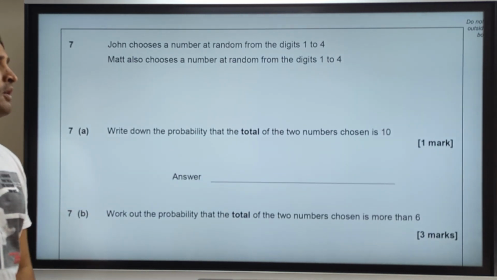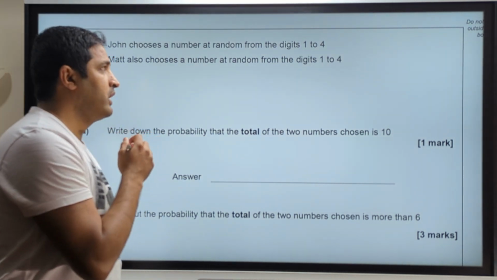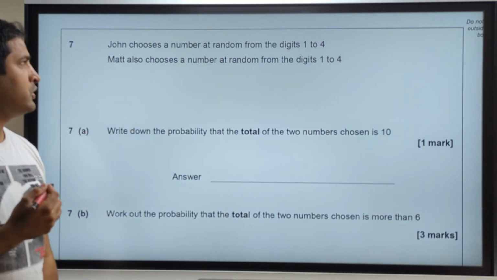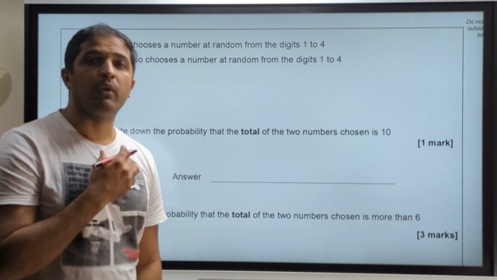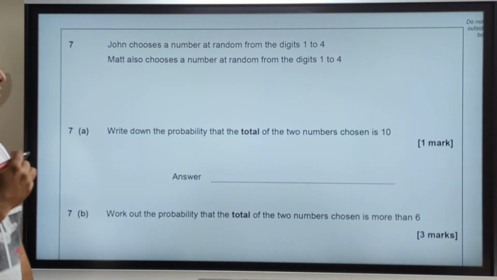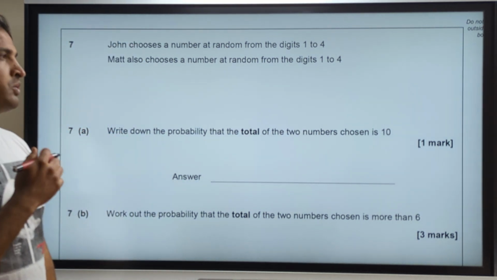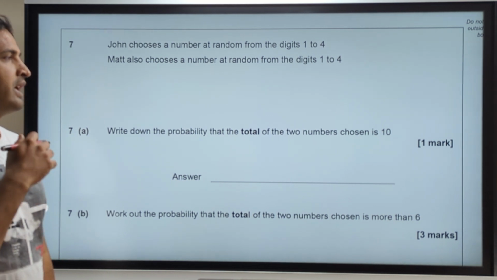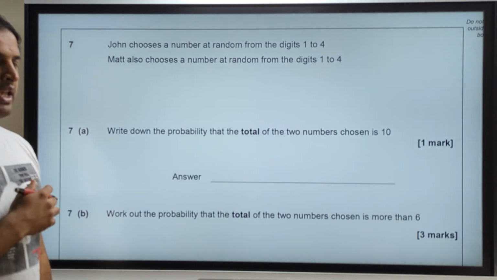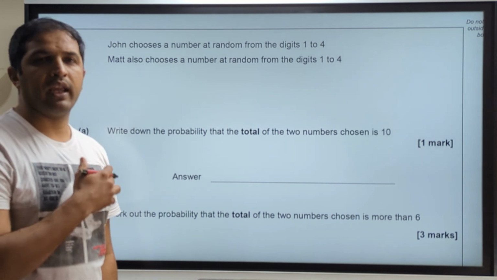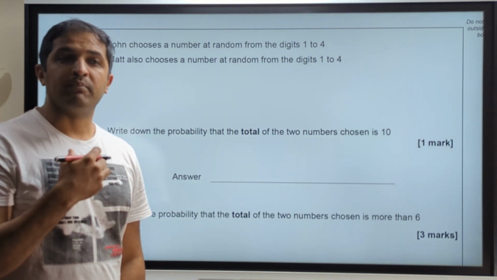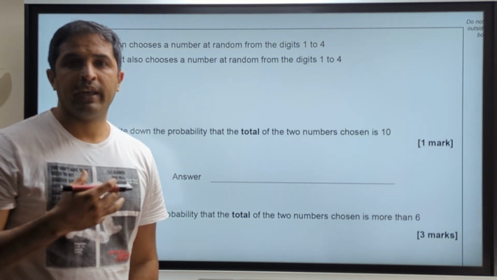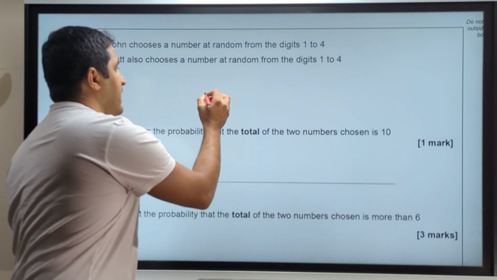Matt chooses a number at random from 1 to 4, and Joan also chooses a number at random from 1 to 4. Write down the probability that the total of those two numbers chosen is 10. Now if you're choosing a number from 1 to 4 and both numbers are added together, the minimum you can get is 2 and the maximum you can get is 8.